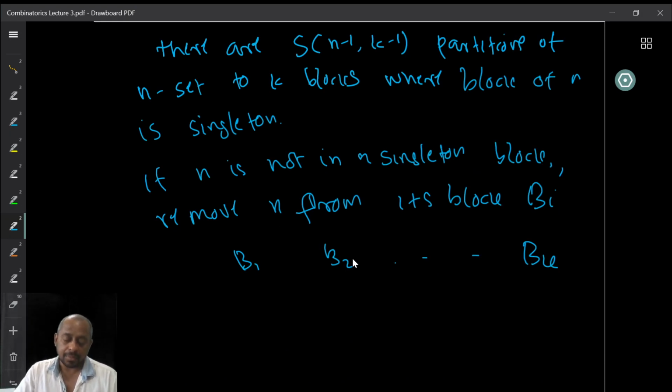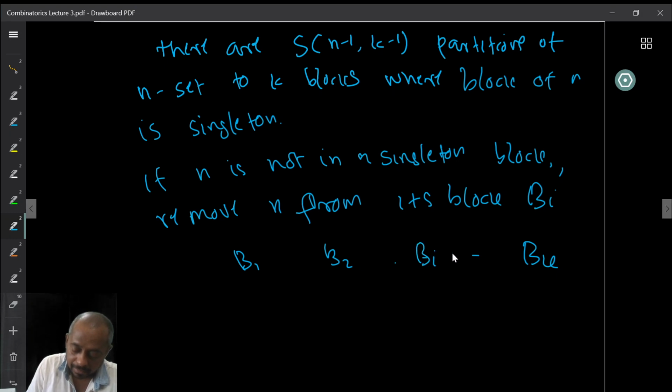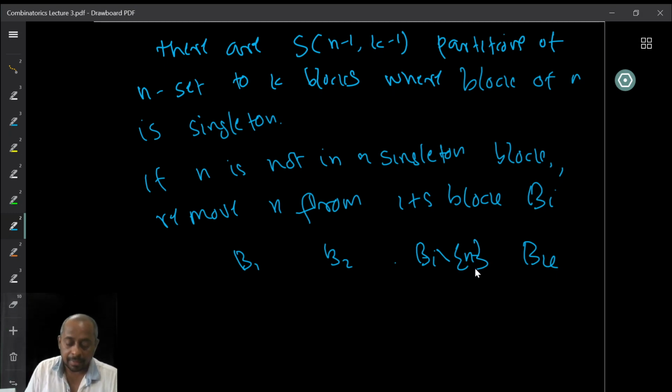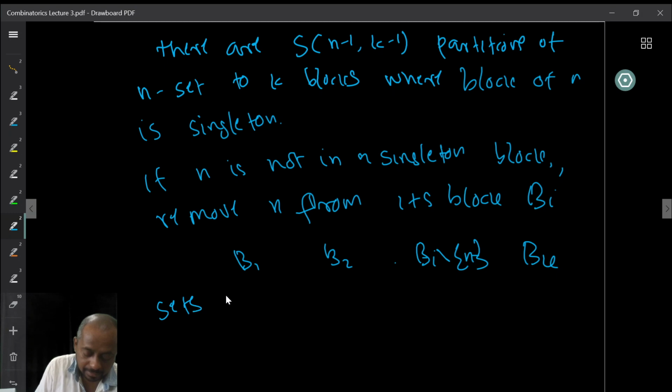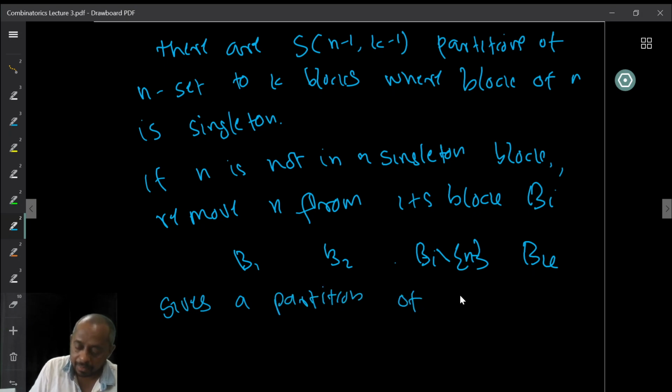So if n is not in a singleton block, then remove n from its block, let's say b_i, and we will get a partition of 1 to n minus 1 into k blocks.